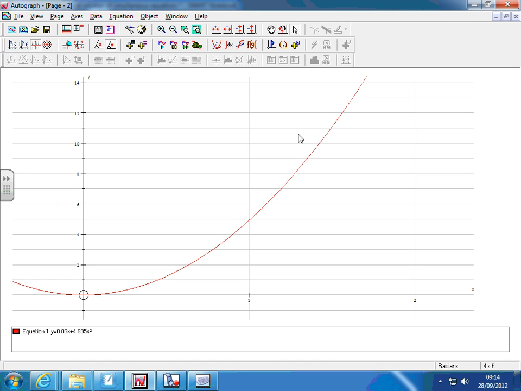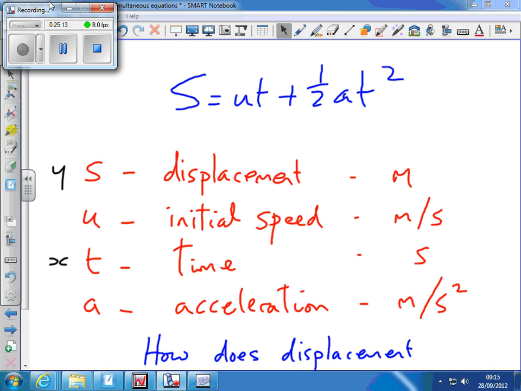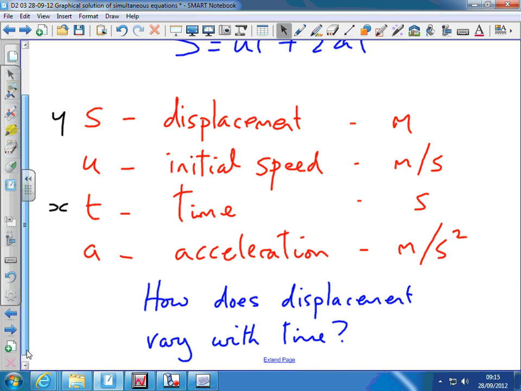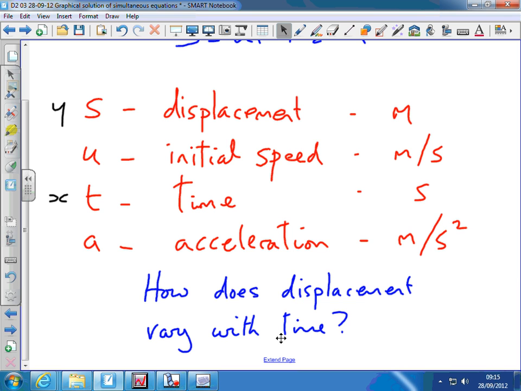Okay? So a quick recap. Let me put this into Autograph. So I'll just pause for a sec. So here's our function. It's got 4 variables in it. In this particular case, we're interested in how displacement varies with time. So the first job is to decide which is the independent and which is the dependent variable, x and y.